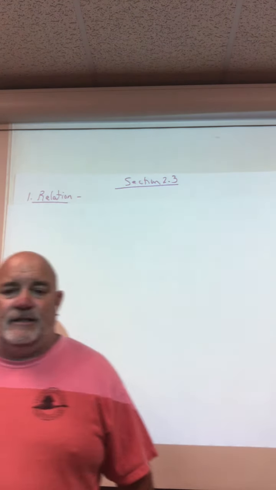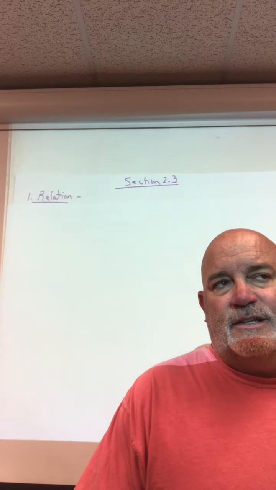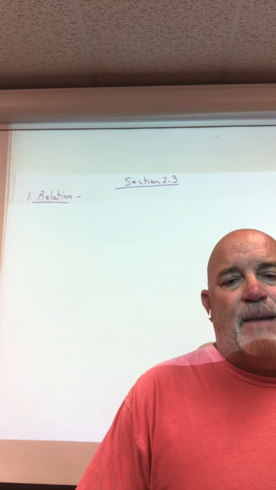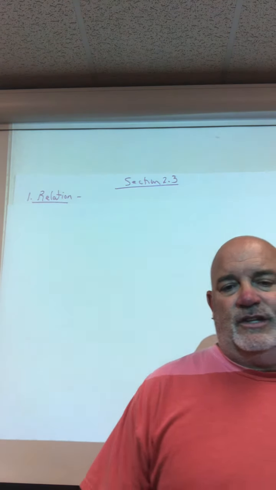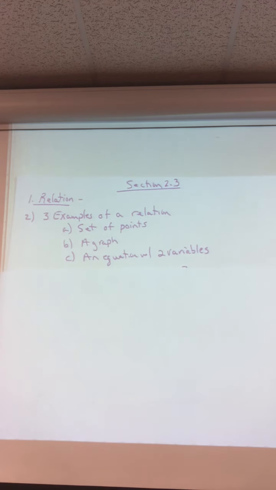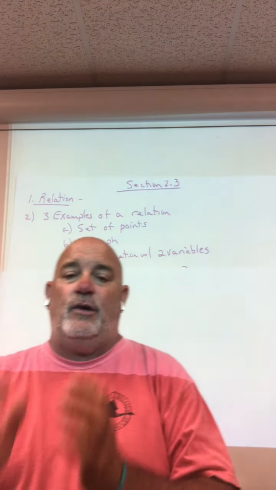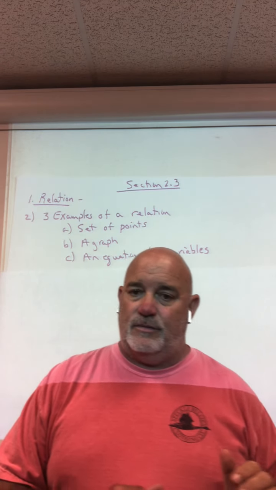All right, take down this next note. Title this next note, 3 examples of relations. Then pause the video and write these 3 down. Okay, so a relation is any way you can describe a group of points.